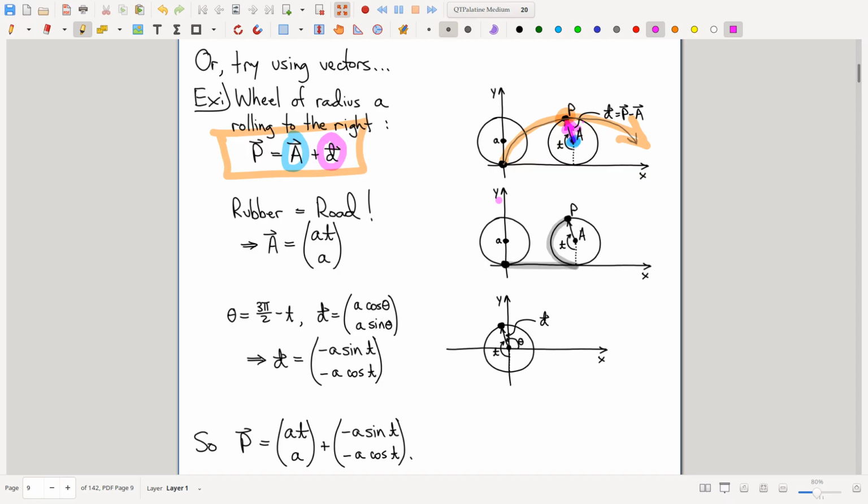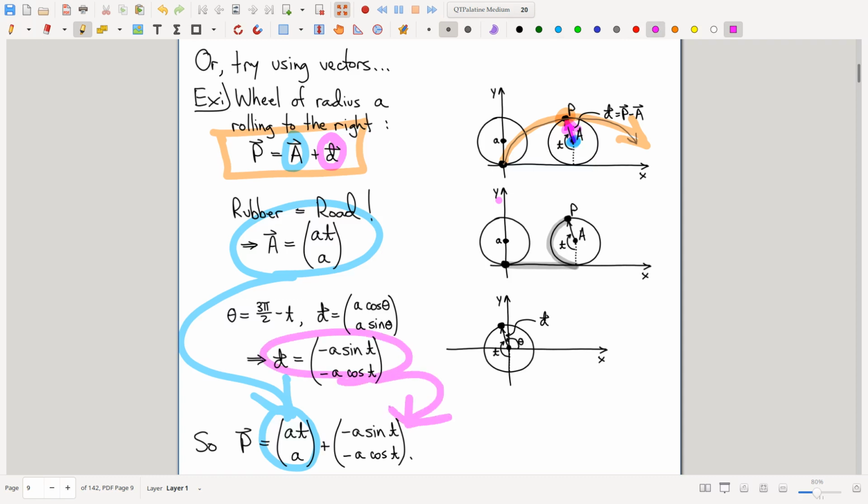Well, we have a formula for blue, and we just got through writing down a formula for purple, and using that initial strategy we wrote down up there, here's our final parameterization. Notice not even all that ugly, right?